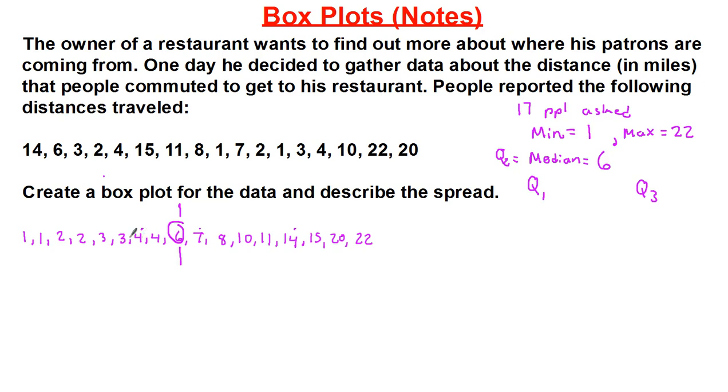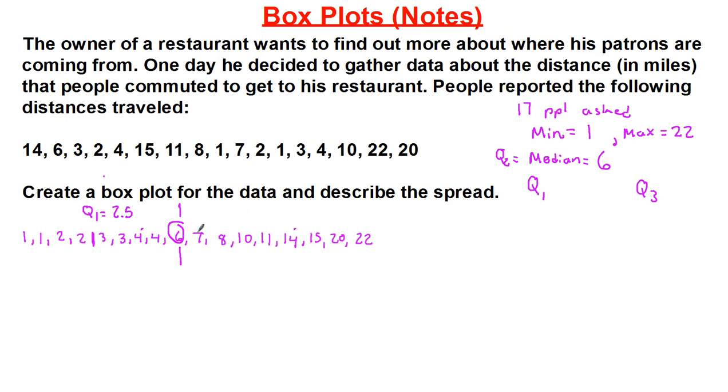So I need to figure out the middle. 8 divided by 2 is 4: 1, 2, 3, 4. So the middle is going to be right here, in between 2 and 3. 2 plus 3 is 5, and then there are 2 numbers, so if I divide by 2, I get the average. If I divide 5 by 2, I get 2.5. So quartile 1 is going to be equal to 2.5.